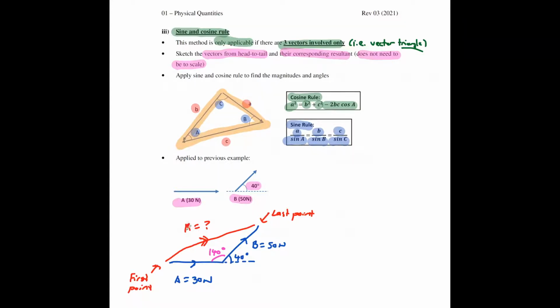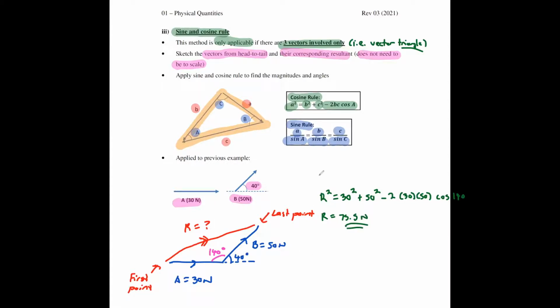We make R the subject here, so R squared equals 30 squared plus 50 squared minus 2 times 30 times 50 cos 140. We will get the answer as 75.5 Newton.